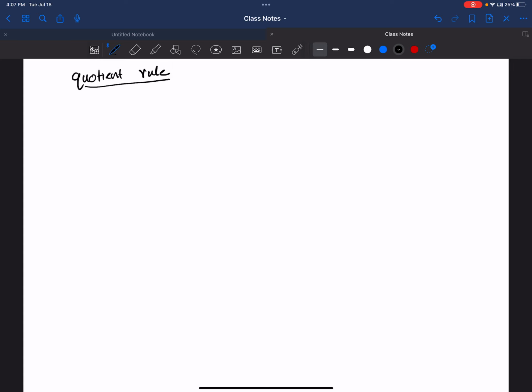So if you want to do something like this, d over dx of f over g, so f of x over g of x.